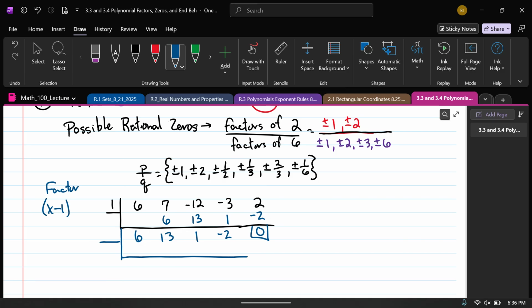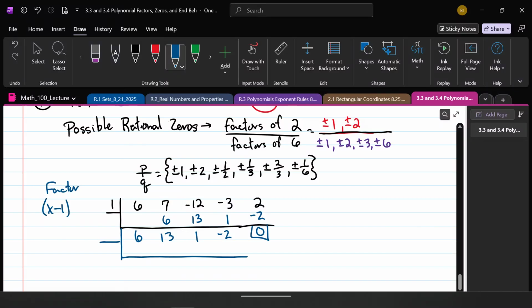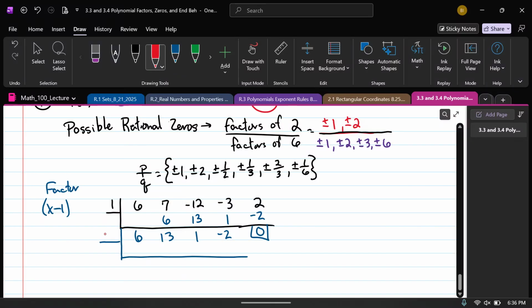What was the other nice number? Negative 2. So I'm going to run that with synthetic division. I'm going to put that on the shelf. I should get a 0 in my remainder when I do this. That'd be negative 12. That's a 1. That's a negative 2. That's a negative 1. That's a positive 2. There's the remainder of 0. That tells me that the factor is x plus 2.